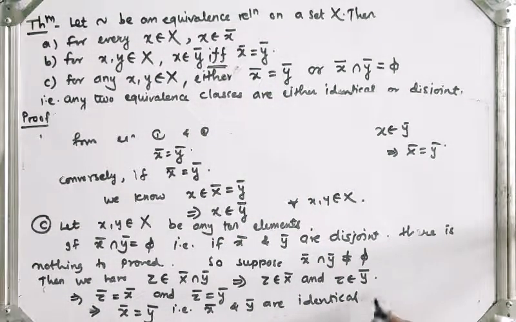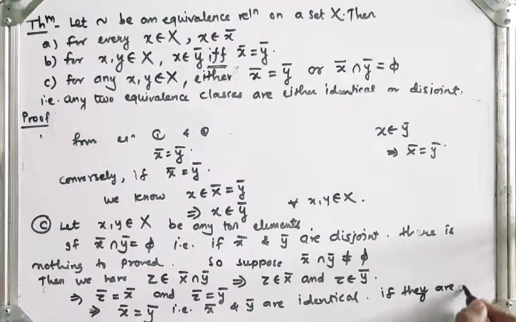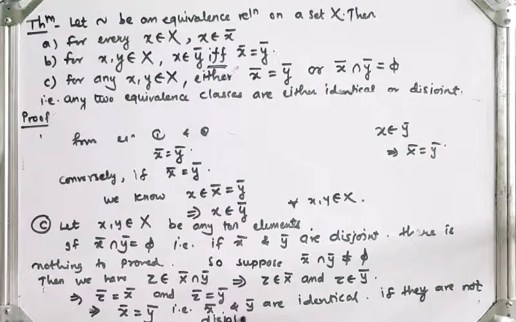So both are identical if they are not disjoint. This completes the proof of the theorem. Hence proved.